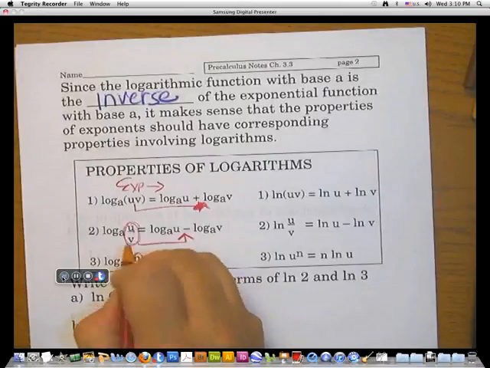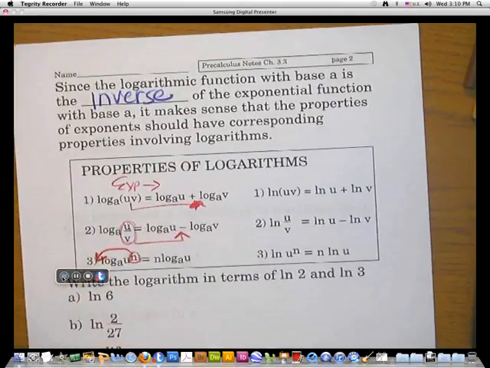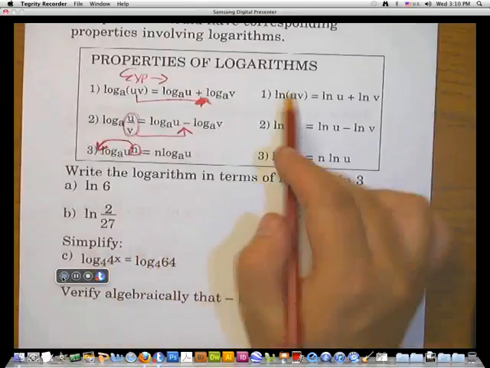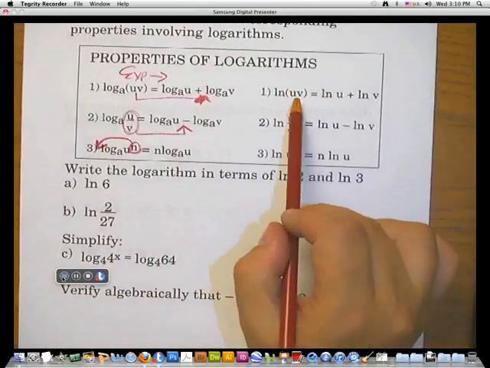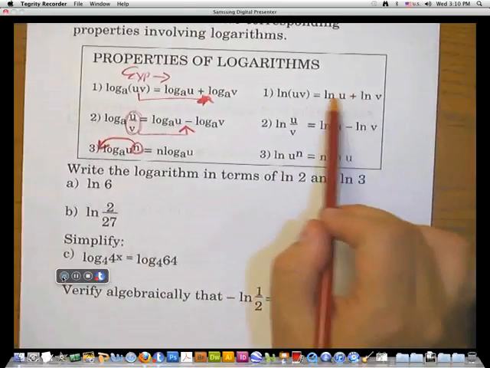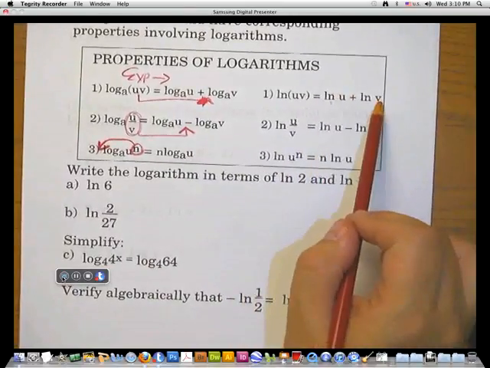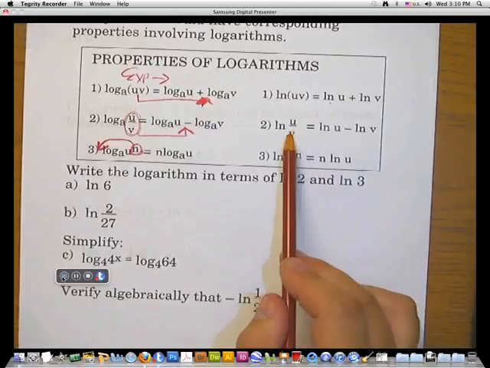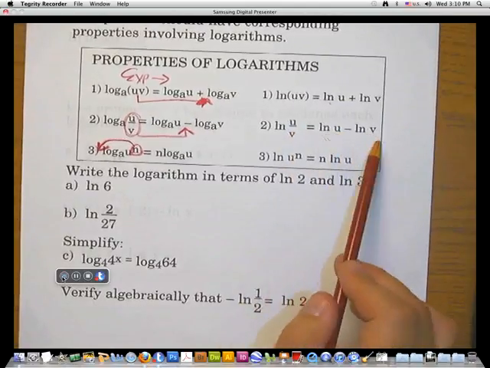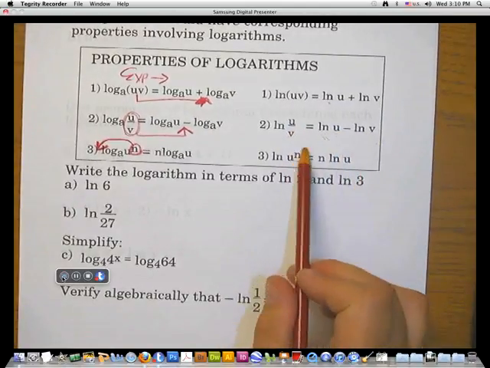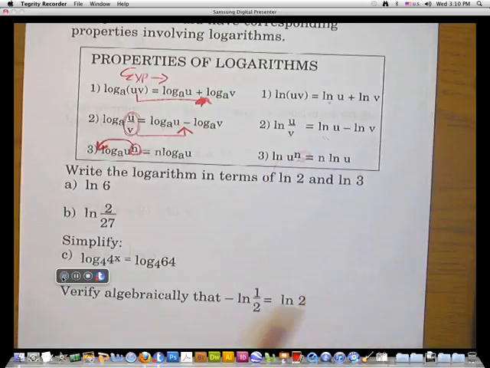So the numerator goes first, subtracted by the denominator. If I have an exponent, it gets to go out front. It becomes the coefficient of the log. And again, it doesn't matter ln or log. Something multiplied gets to be separated with addition. Something divided gets to be separated with subtraction. And whatever's an exponent moves out in front to be a coefficient.